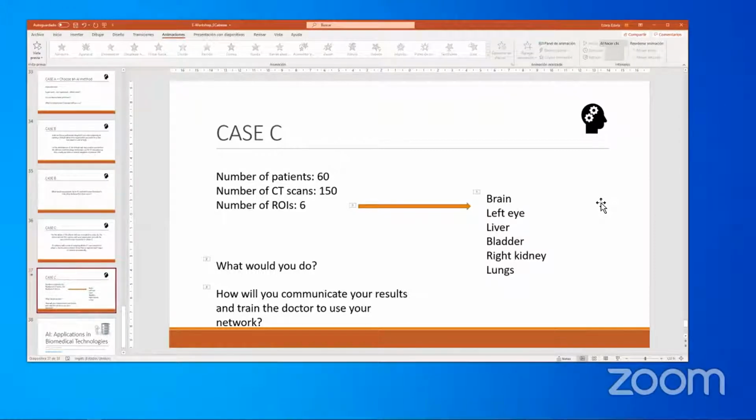Someone says from here. Exactly, perfect. So to train the doctor to use this program that you have developed, how would you do it? Again, would you use a technical communication report, or would you just go with an interface?